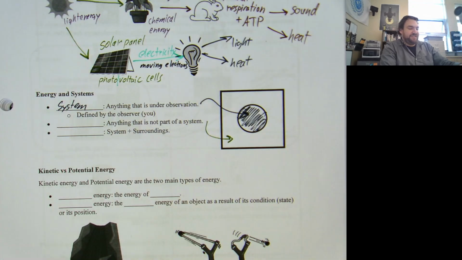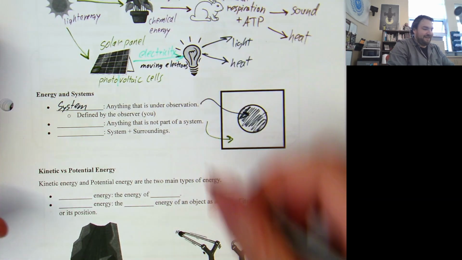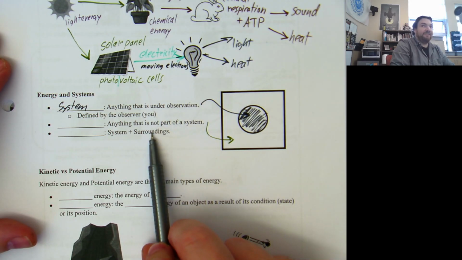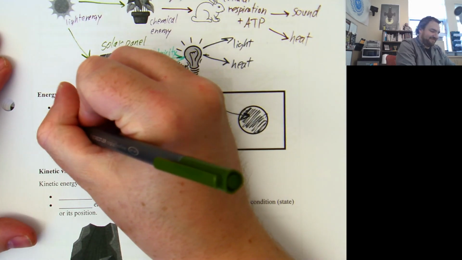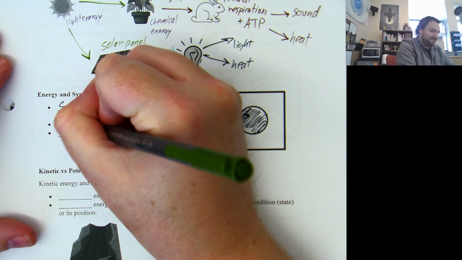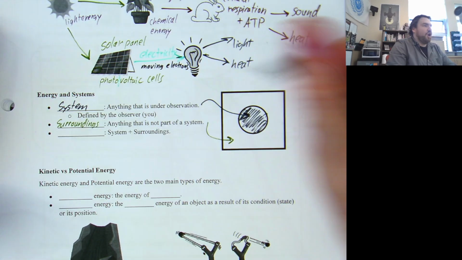If your system is the area you're observing, what's everything else around you? Starts with an S. No, it's your system.